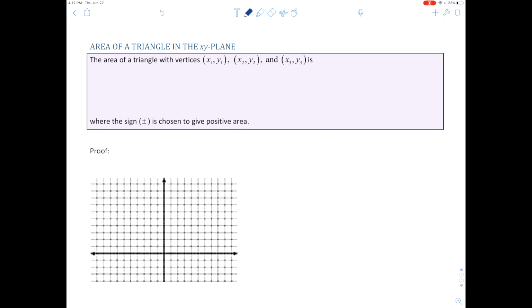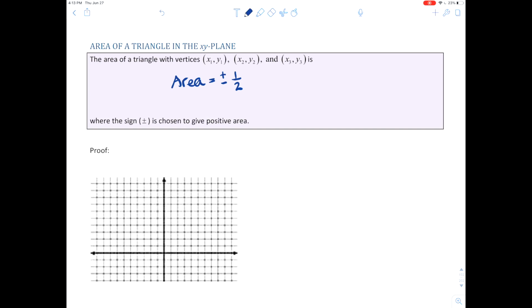The area of a triangle in the xy plane with vertices x1, y1, x2, y2, and x3, y3 ends up being plus or minus, and of course, since it's area, you would choose whichever makes the result positive, plus or minus 1/2 times the determinant of the ordered pairs with a column of ones, and that enables you to manipulate them.